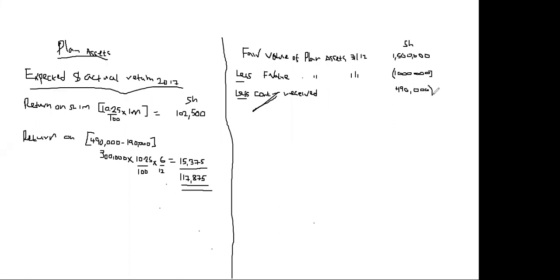We less it, so again in bracket. And then lastly, we add the benefits paid out.